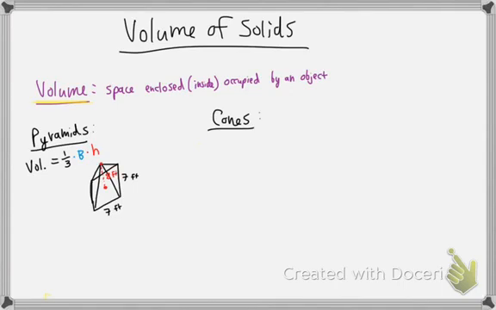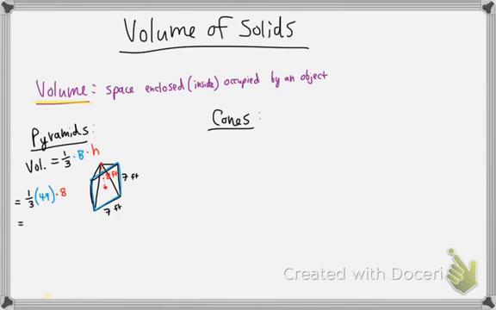If we had to find the volume, we would do this. 1/3 the base, so the base would refer to that bottom square, okay? So it'd be 7 times 7, which is 49, times the height of 8, okay?